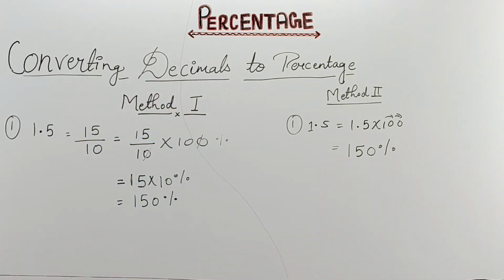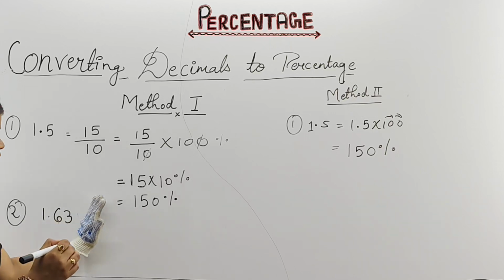Now we are going to write another example for this one. That will be, if your question is given as 1.63. What is 1.63? Now, second of yours, 1.63, or you can write only decimal, no percent.